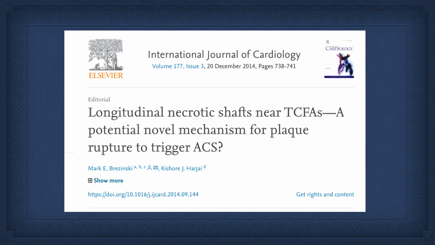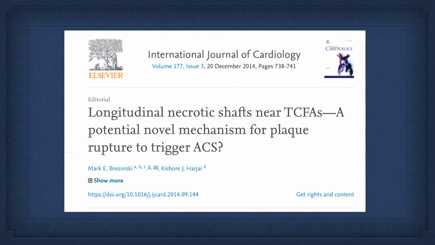And we originally pointed at these long cores being the source of ACS rather than TCFAs. Only 18% progress to ACS, so they're not the vulnerable plaque. And we thought it was long cores.